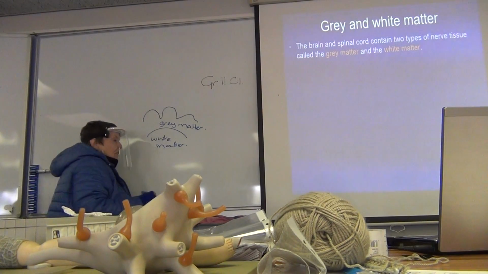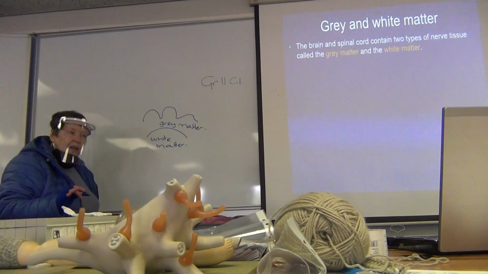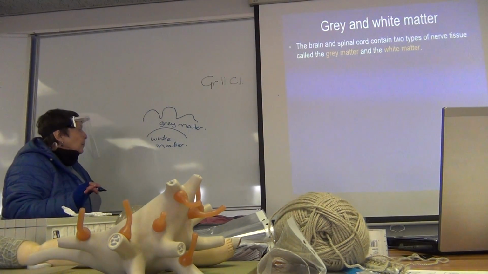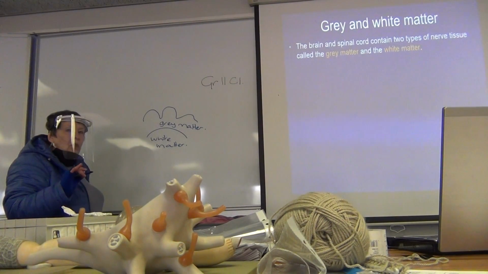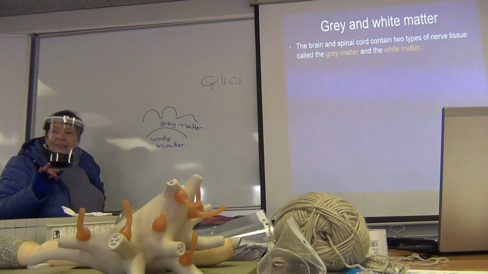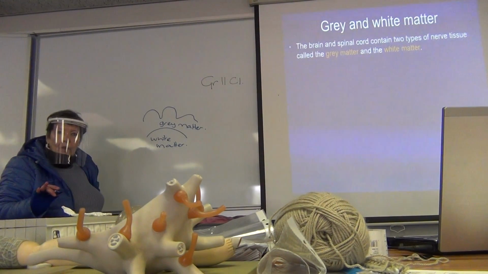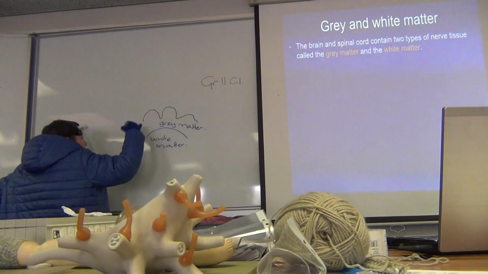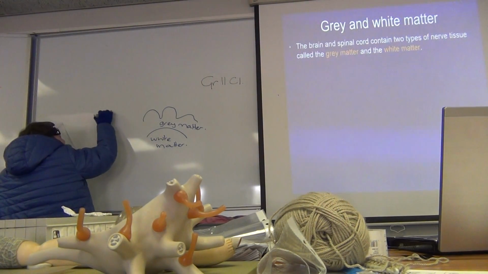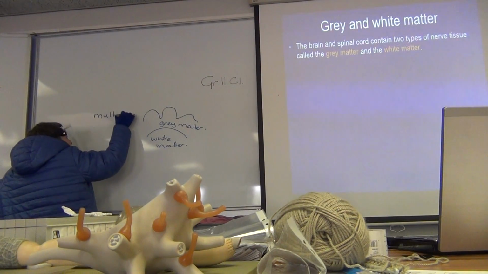Now, just listen, don't write, understand what I'm saying to you. It's all in the way that the neurons lie. If you look at a neuron, remember that the brain and spinal cord are made of multipolar neurons.